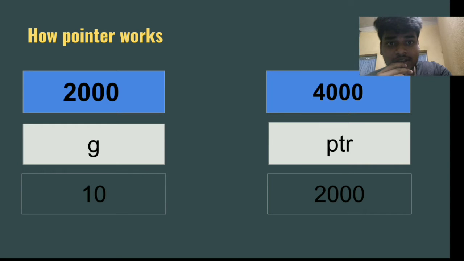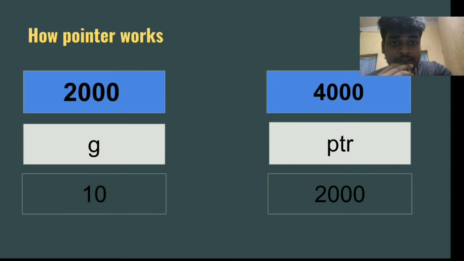Whenever you declare a variable in C programming, it will randomly generate a memory address. Here the memory address of G is 2000, but its actual value we declared is 10. And now the pointer ptr holds the address of the G variable, which is 2000, as its value, and 4000 is the address of the pointer ptr.